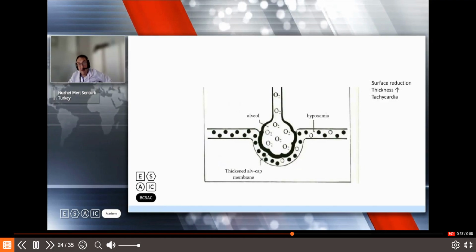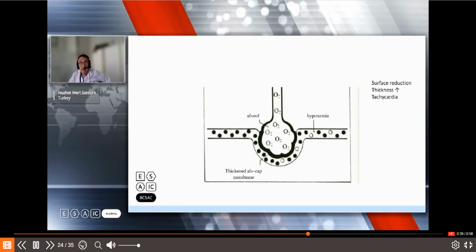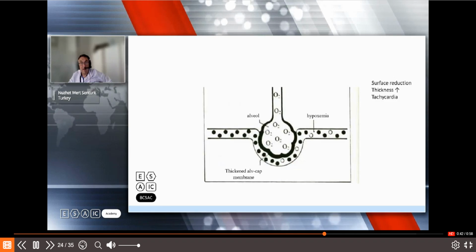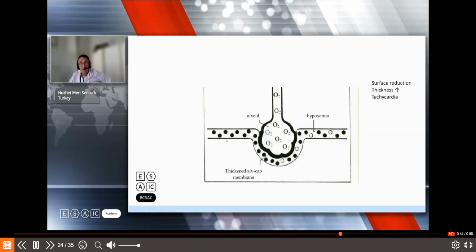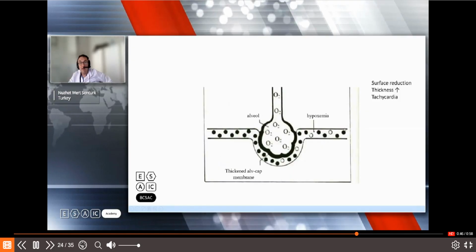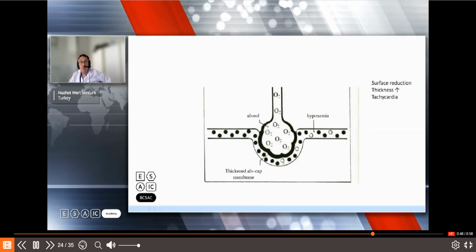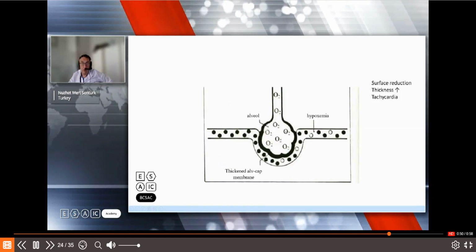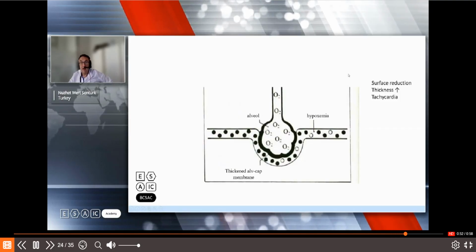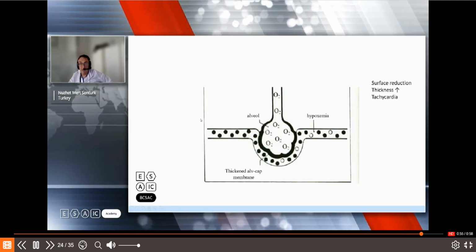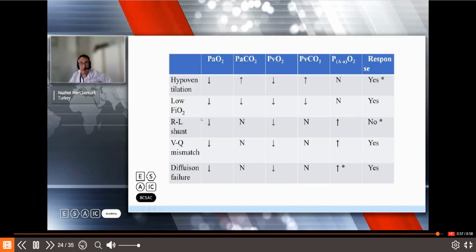If I have an interstitial lung disease plus a tachycardia, the time that I would need for the oxygenation here would be too short to have a good oxygenation, and therefore, especially in these patients, tachycardia can be very harmful.